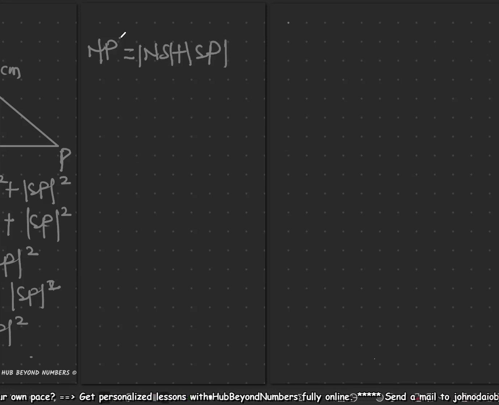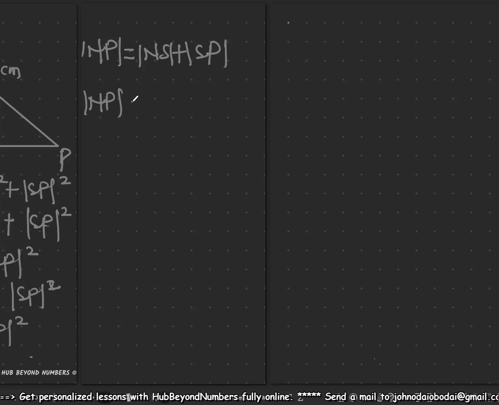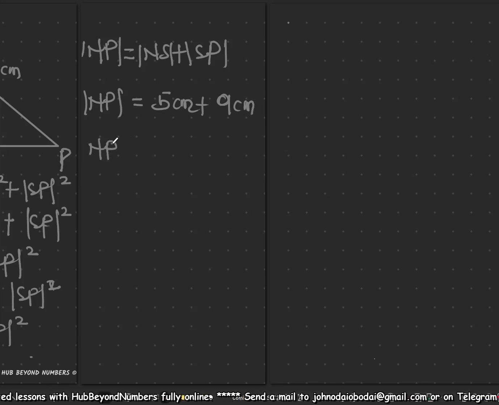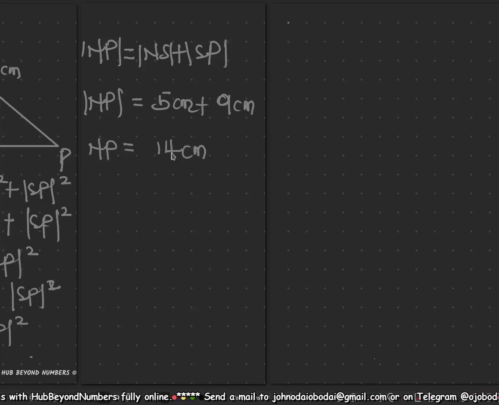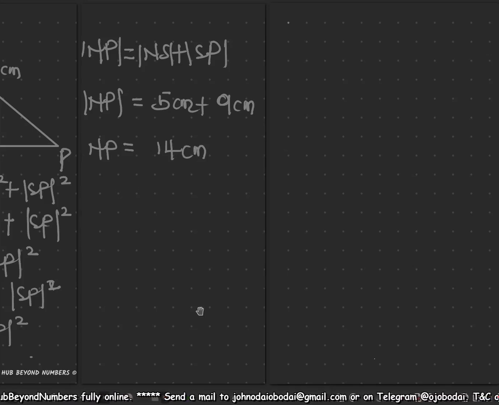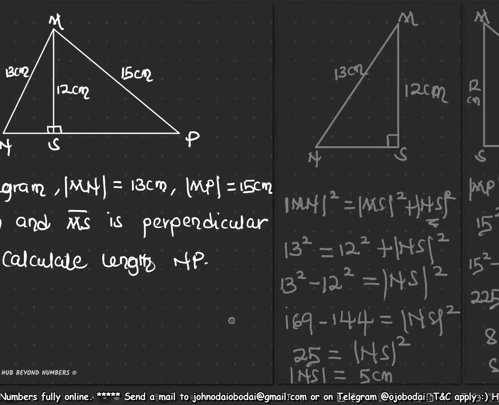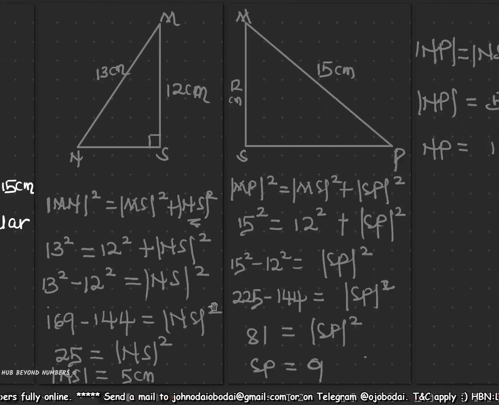And we have already solved for all of this. So NP in our question is going to be equal to 5 centimeters plus 9 centimeters. So our NP is equal to 14 centimeters. As simple as that. So this is how we apply the Pythagoras theorem. There are so many applications, but because of time, I'm going to leave this here and we can continue another time.